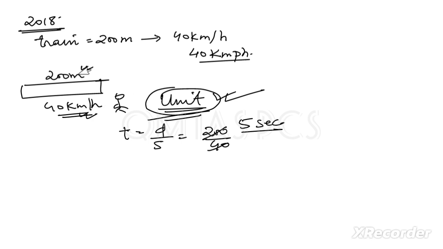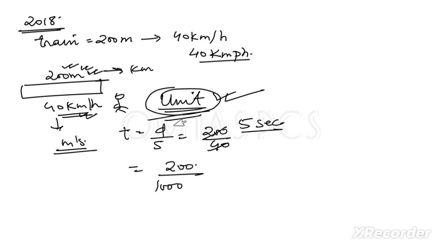Either you convert this 200 meter into kilometer, or you convert this 40 kilometer per hour into meter per second. That's your choice, your convenience. I think right now I should convert this meter into kilometer. So here distance will be 200 divided by 1000.